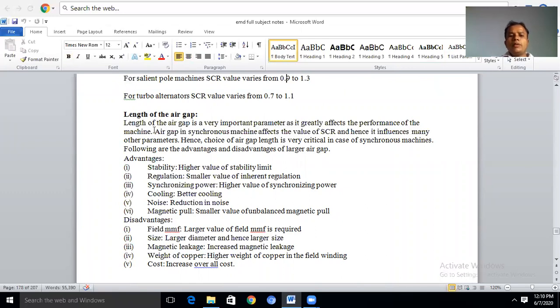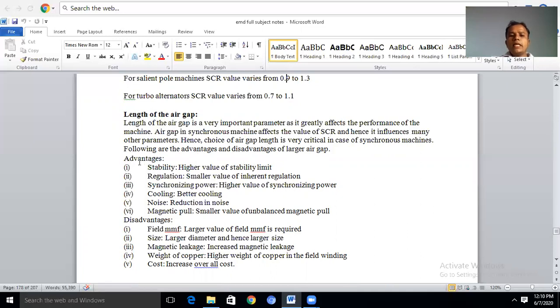So here the length of the air gap is a very important parameter as it greatly affects the performance of the machine. The air gap in a synchronous machine affects the value of SCR, and hence it influences many other parameters. Hence, the choice of air gap length is very critical in synchronous machines. So following are the advantages and disadvantages of a larger air gap.